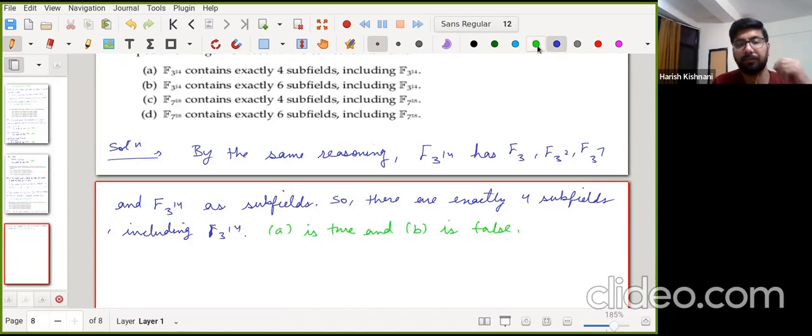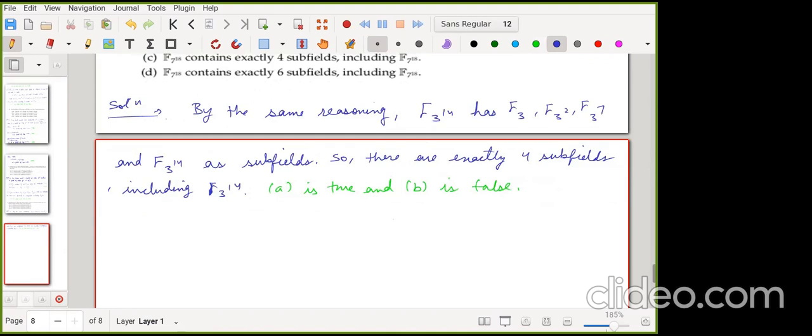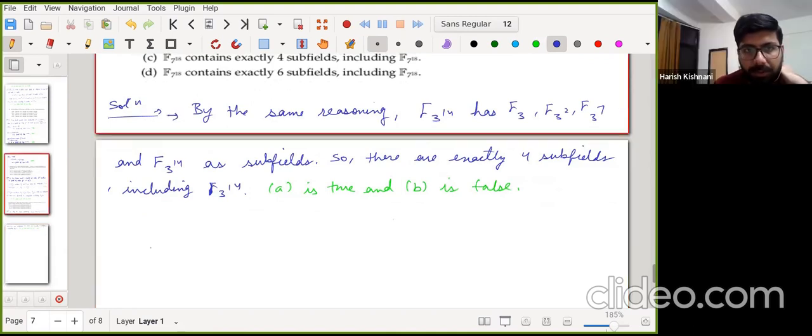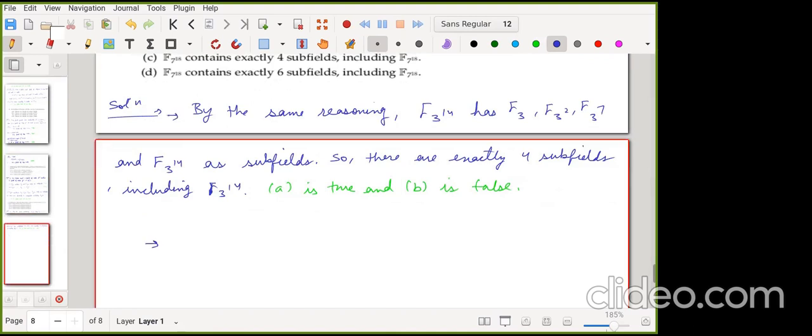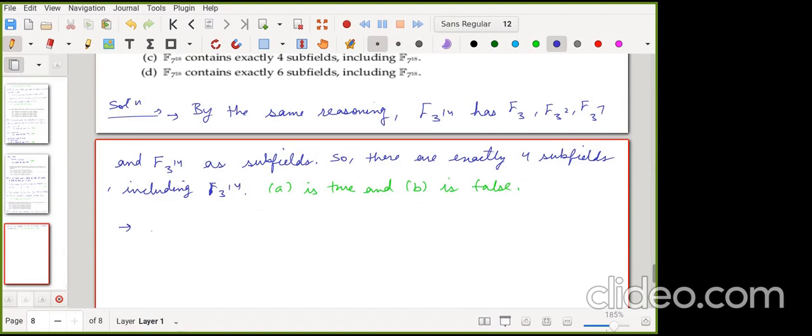Okay, and F_{7^18} will have more subfields because 18 is a product of 2 and 9, not just two primes.